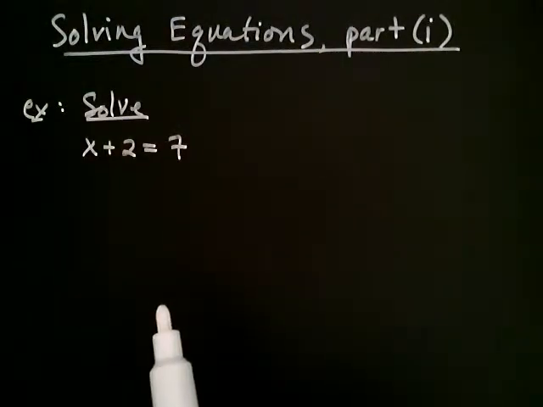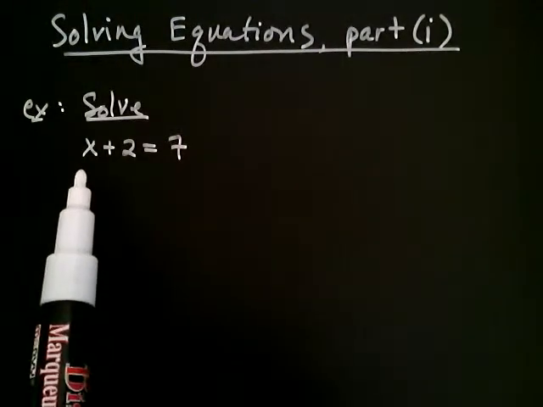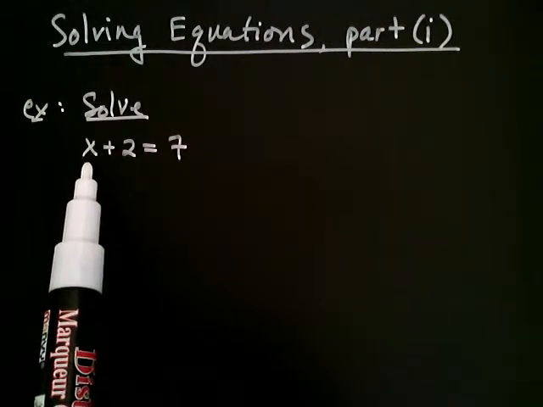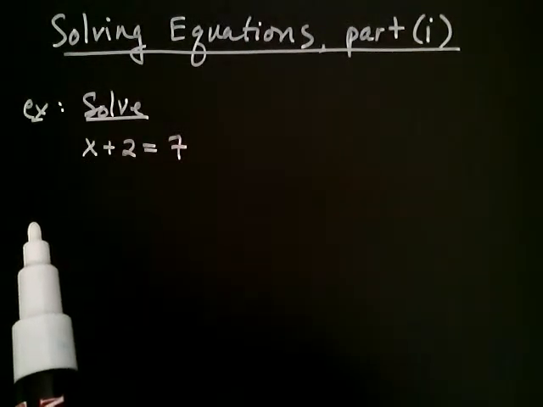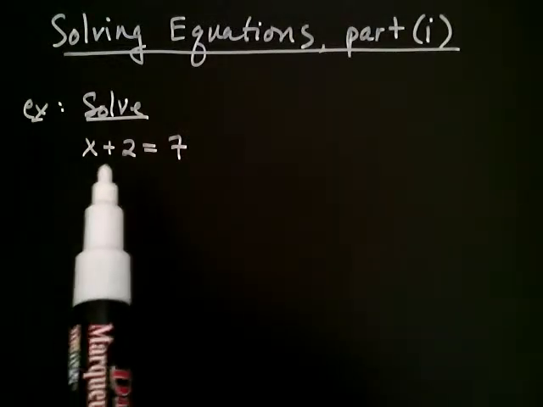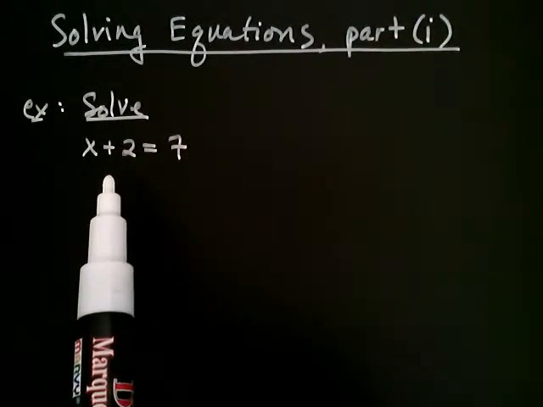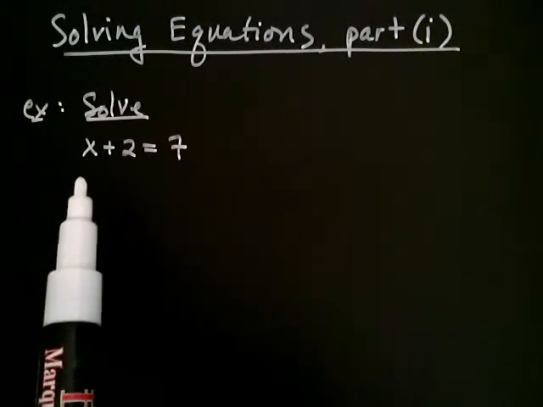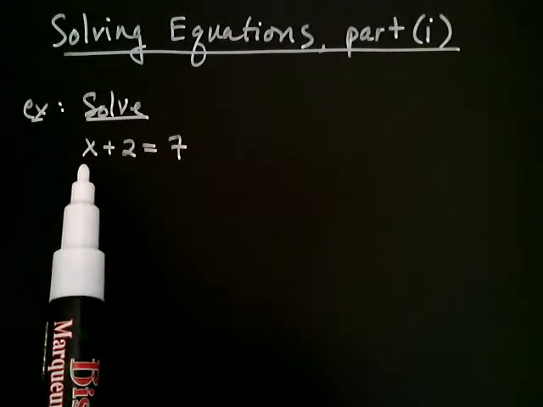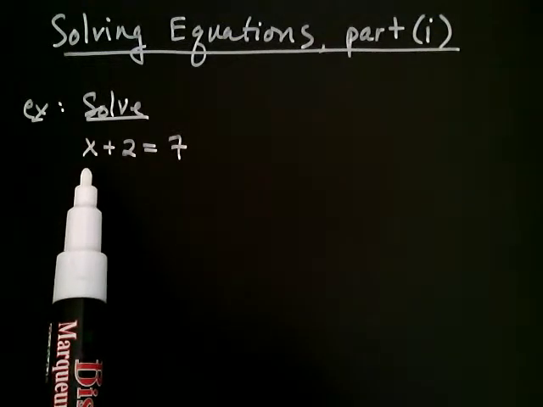Now I know that you can see what x is. I know that you can see that x would be 5 because 5 plus 2 is equal to 7. There's another way we're going to view this that's going to be helpful when the equation gets to be a little more complicated. So here's how we're going to think. Notice that one way to look at it is that we're trying to get x by itself.